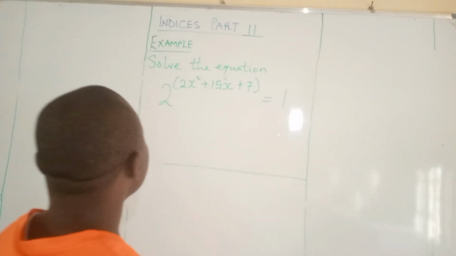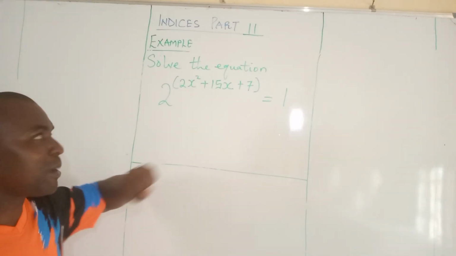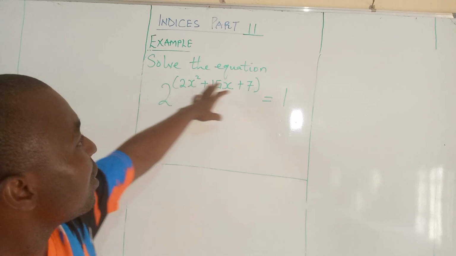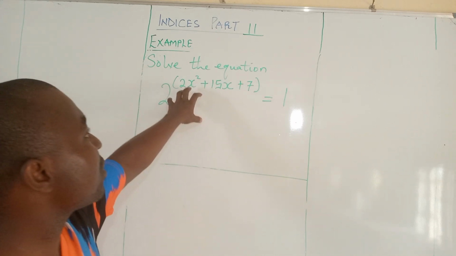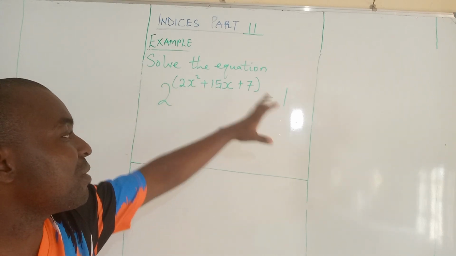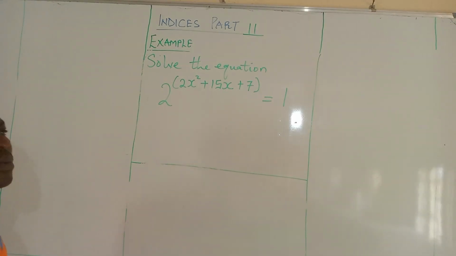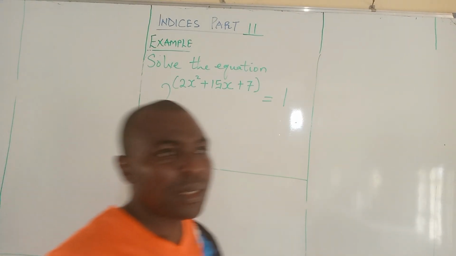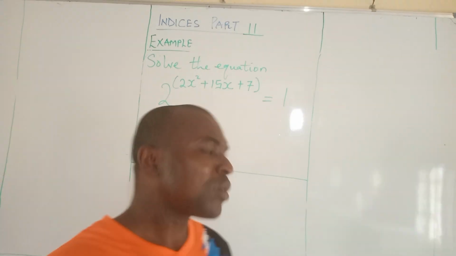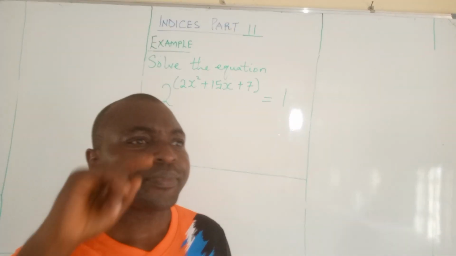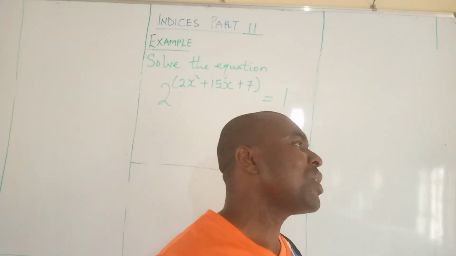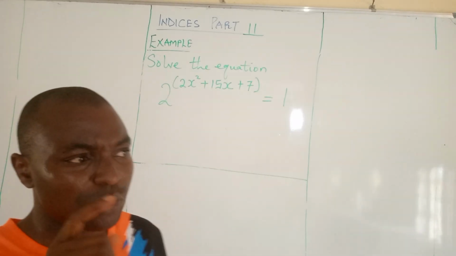All right. So we have just one example in Part 11. Solve the equation 2 raised to power 2x squared plus 15x plus 7 is equal to 1. Now, for us to solve that, remember laws of indices. That one was treated in Part 1. Any number raised to the power of 0 is equal to 1.